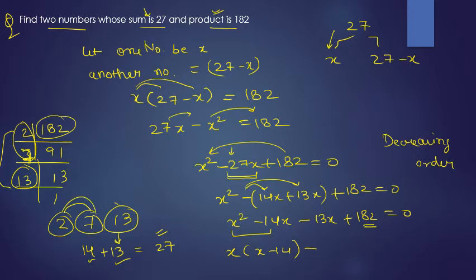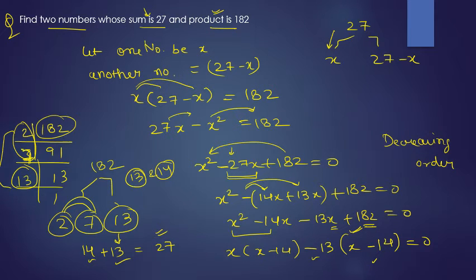You can split 182 into 13 and 14, right? If you take 13 common, what will be left? Here x minus, because minus minus will be plus. And what is left? 14, because 182 is made up of 13 and 14.